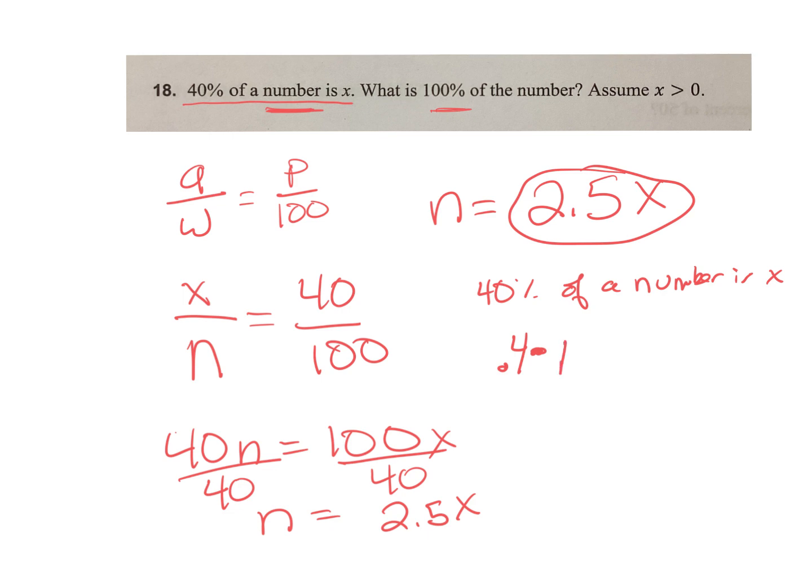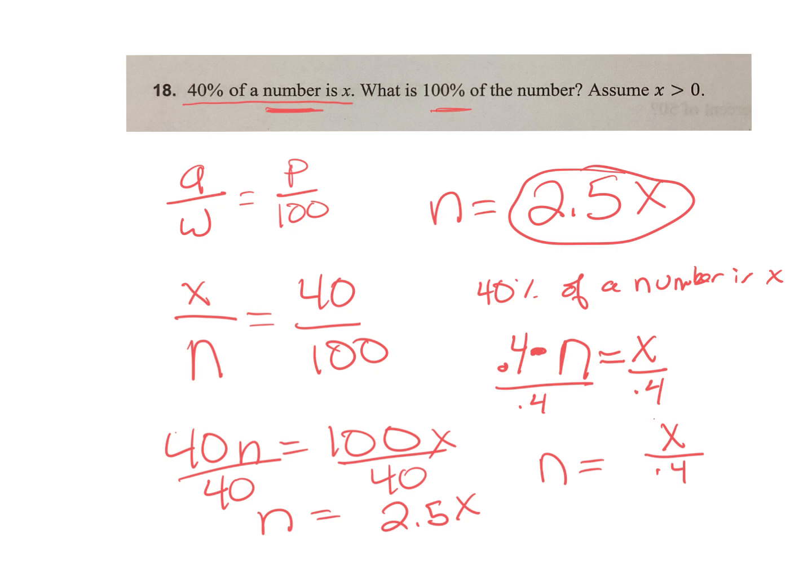A number, we'll call that n, equals x. Now we have to solve for n. We want to know what that number is. So we divide this by 0.4. We divide this by 0.4. So the number is x divided by 0.4.